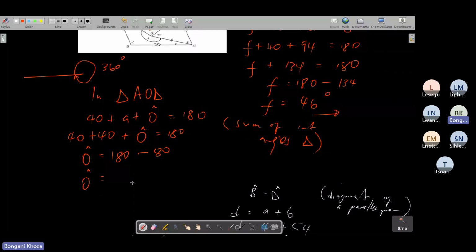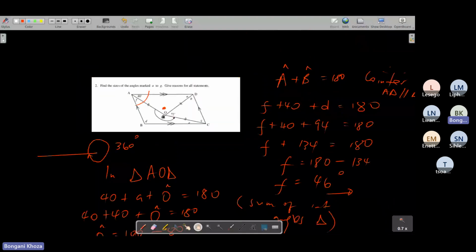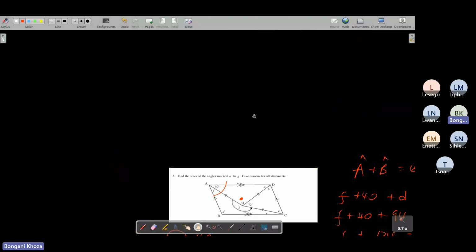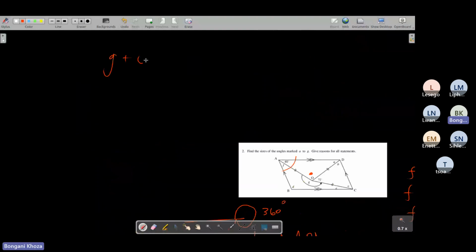So now we have angle O, we have 72 over here, we are looking for G. So we can say G plus angle O plus 72 is supposed to be 360 degrees. This is a revolution angle. And for O, we got that as 100.